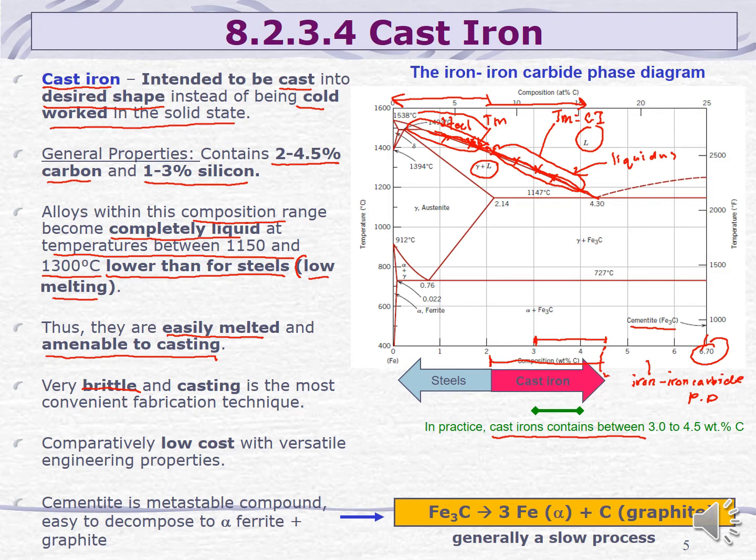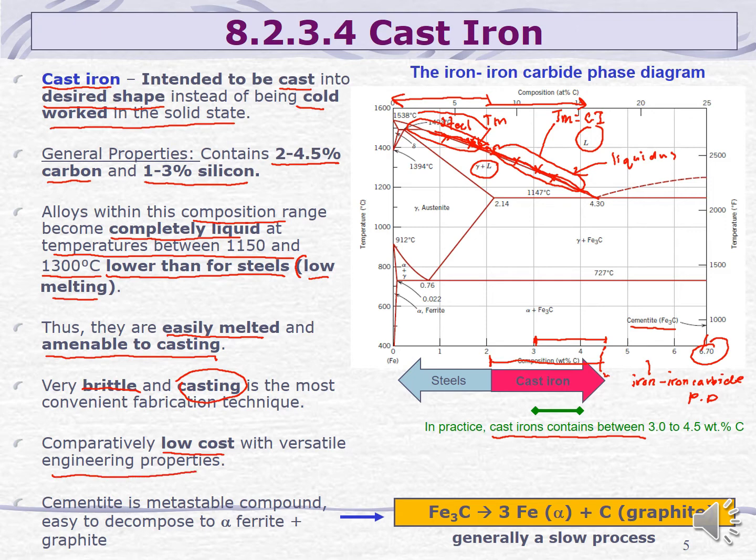So the most suitable process in order to fabricate the product using this cast iron is by using a casting process. Okay, comparatively low cost with versatile engineering properties.